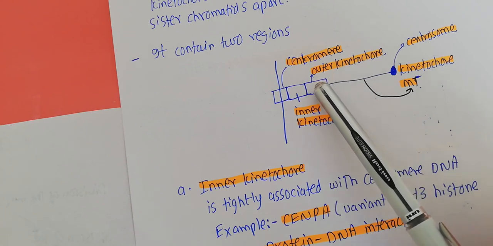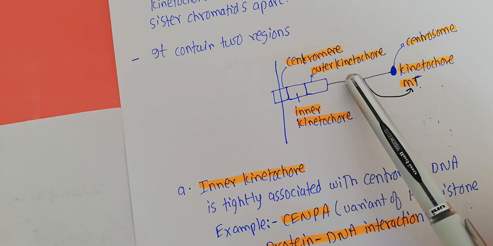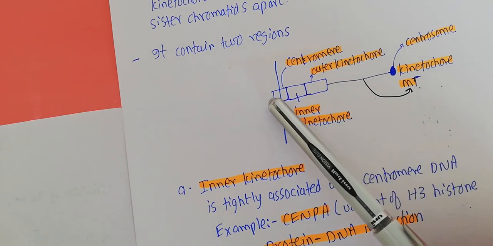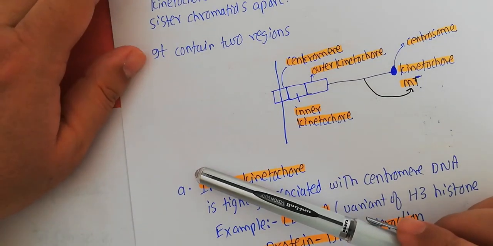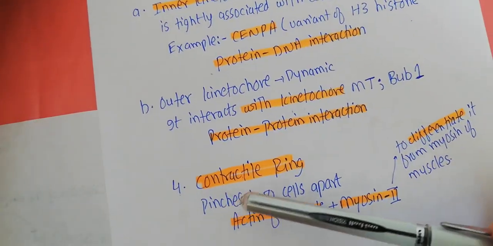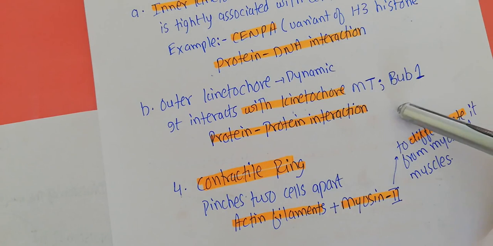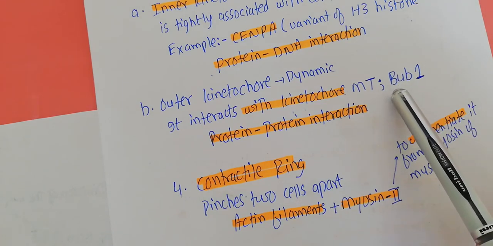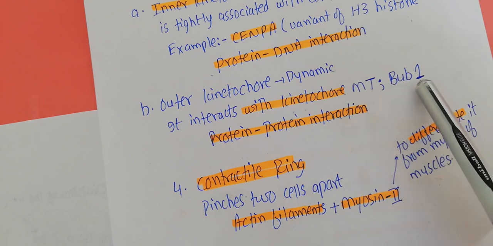So the outer kinetochore has protein-protein interaction, while the inner kinetochore has protein-DNA interaction. One example of the proteins you will find in the outer kinetochore is BUB1.